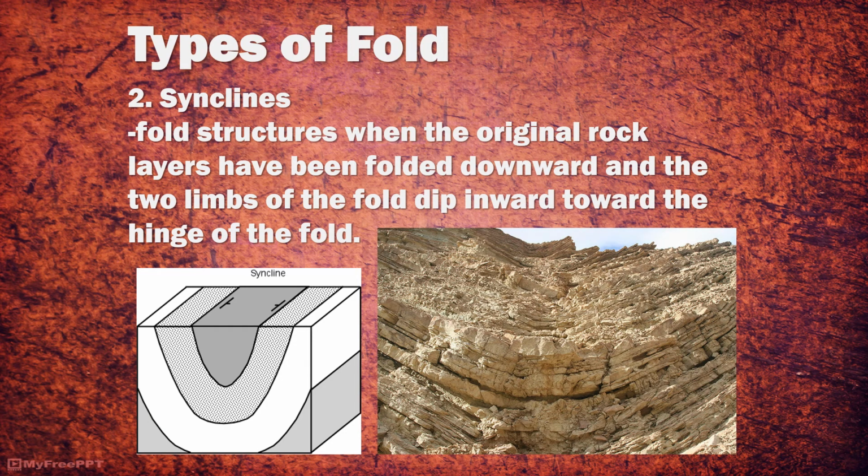Fold structures where the original rock layers have been folded downward, and the two limbs of the fold dip inward toward the hinge of the fold. Bababa ang ating fold, just like bending your ruler or bending your folder, or a paper, yan, just like your synclines. And of course, dapat bababa ang ating fold.